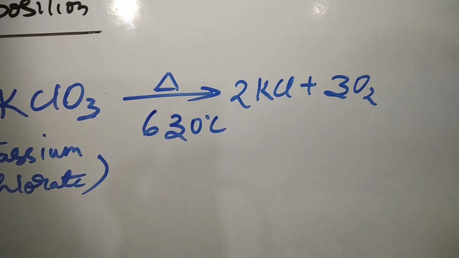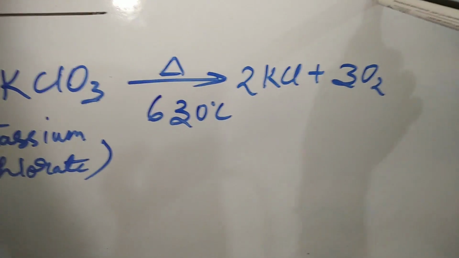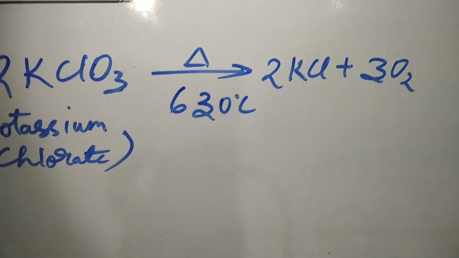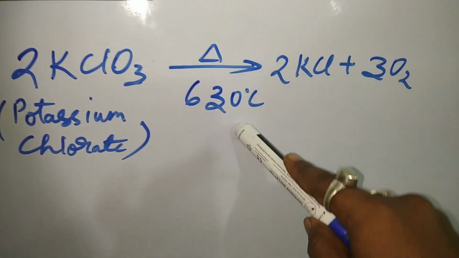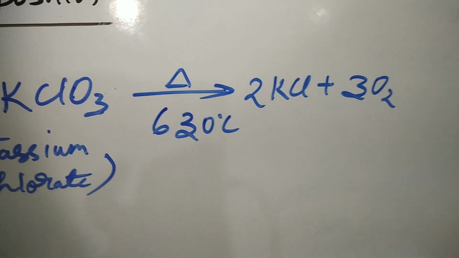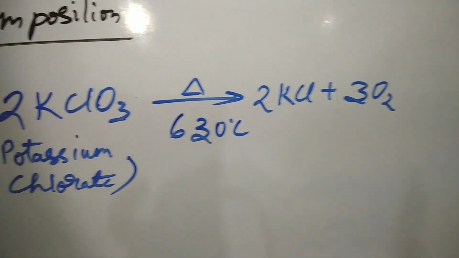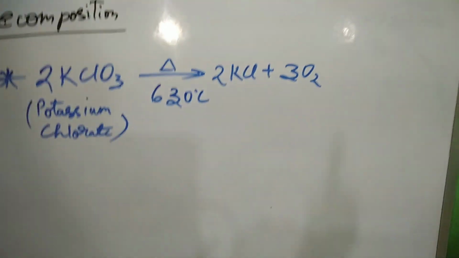But students, I say it's a lab process for preparation of oxygen, but is it possible in a lab to give a heat of 630 °C? No. Then how do chemists prepare this oxygen? Now here is the funda of chemistry.